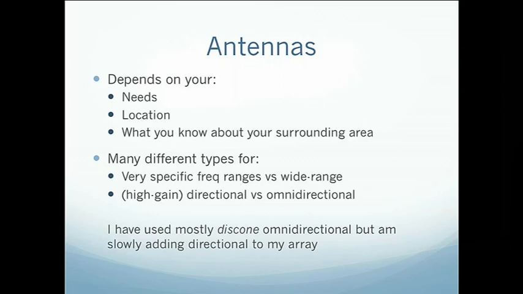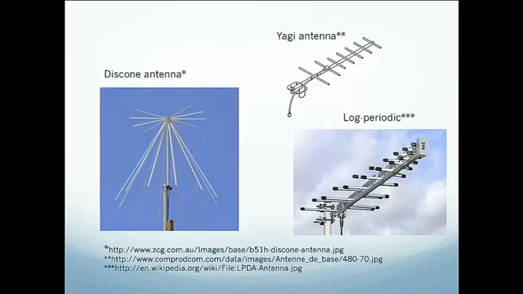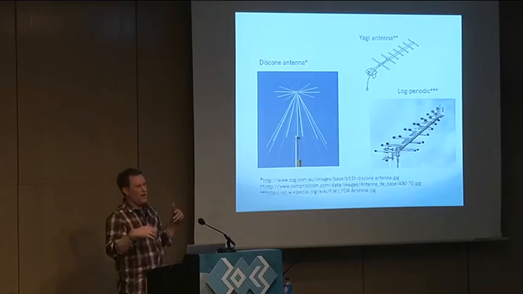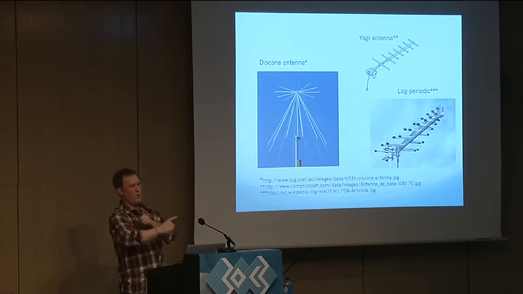Primarily, I use omnidirectional discone antennas. This is the one on the left right here. The primary reason is the omnidirectional nature of it. I live in the woods, and I don't know exactly what I'm looking for. I know where there are some big towers transmitting at higher power, but I don't know exactly what's going on all the way around me.